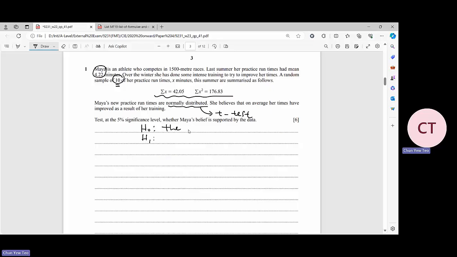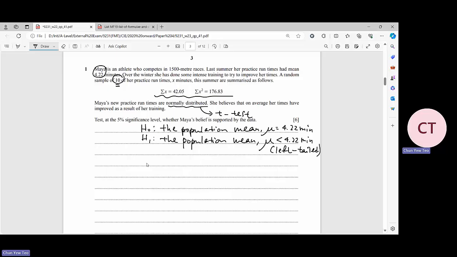You just say that the population mean is 4.22 minutes, versus the alternative: she believes her average has improved. That means the population mean will be less than 4.22. This is a one tail test. It's a left tail test to be more precise.